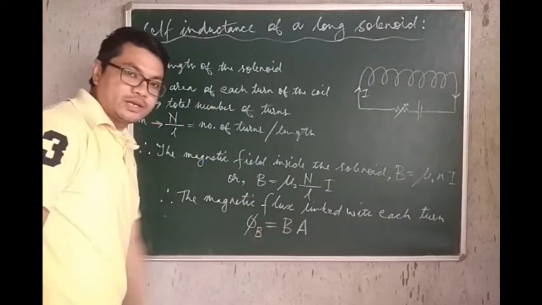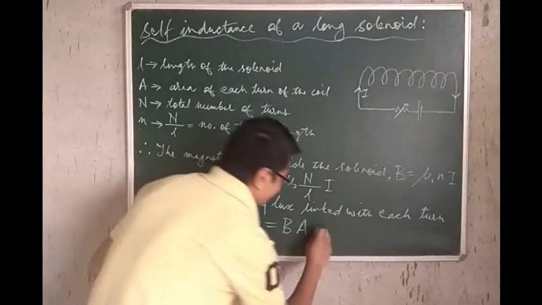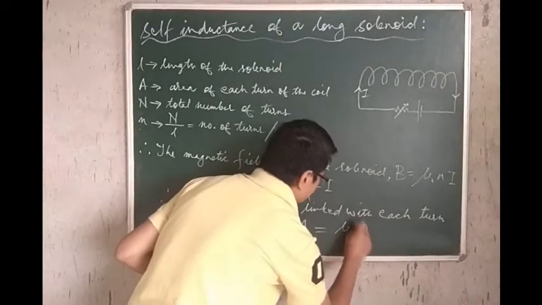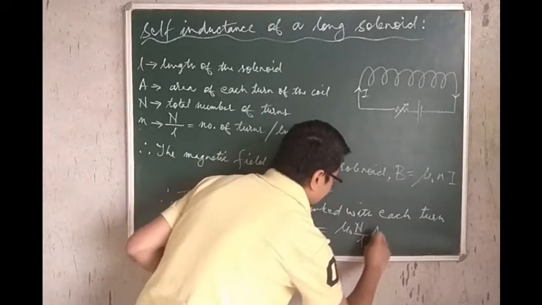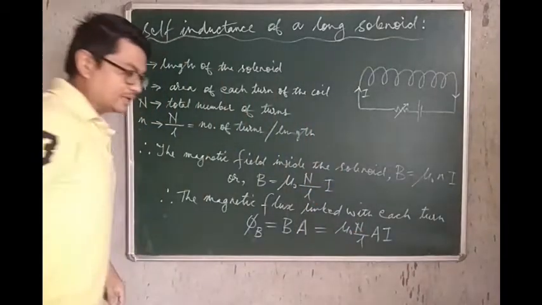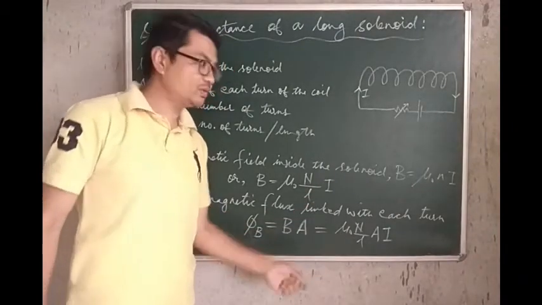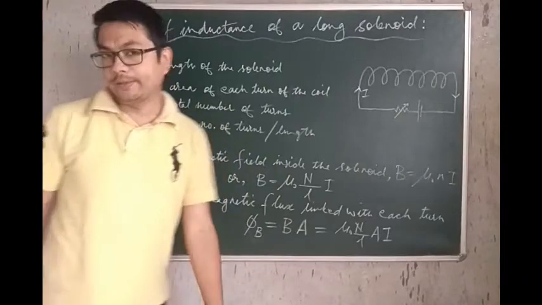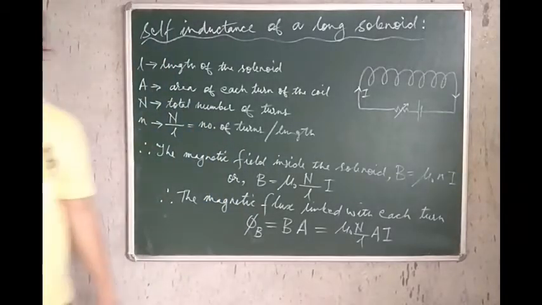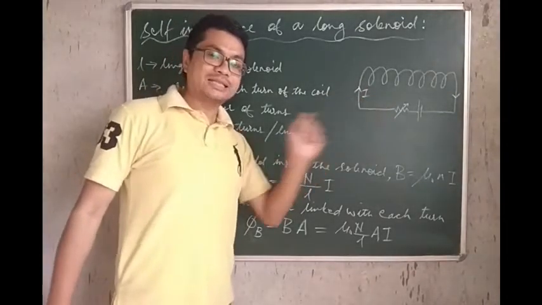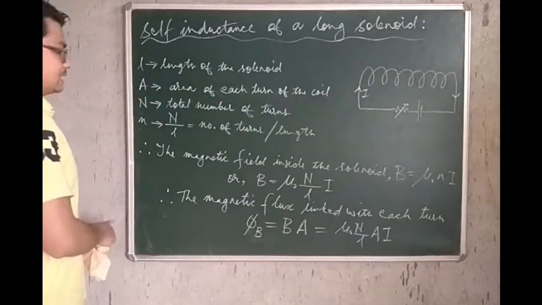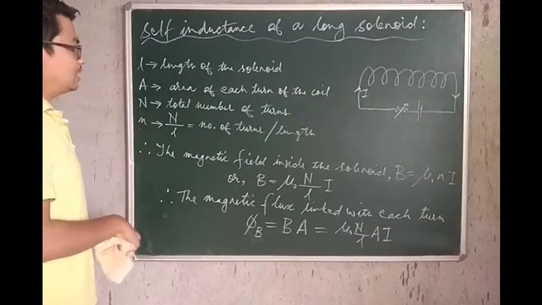This is what magnetic flux is. So thereby this becomes mu naught N upon L A into capital I. This is the magnetic flux linked with each turn of the coil of the solenoid. Alright, now since the solenoid has capital N number of turns, so what will be the flux linked?